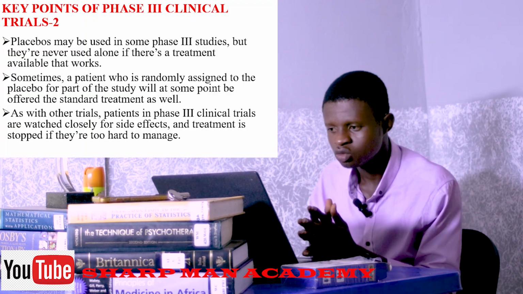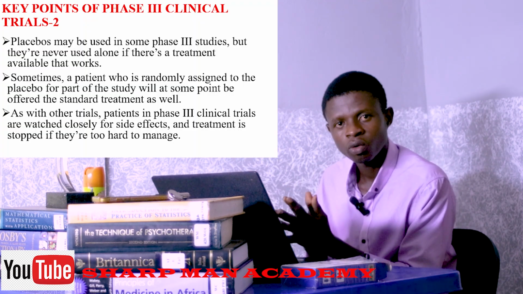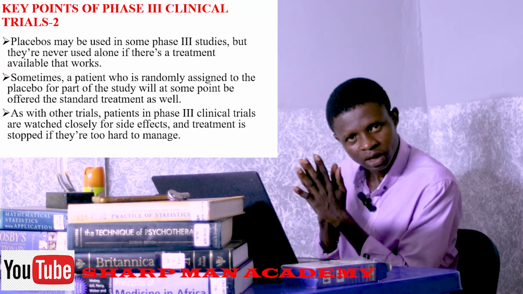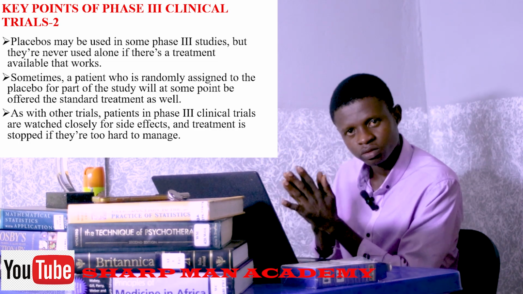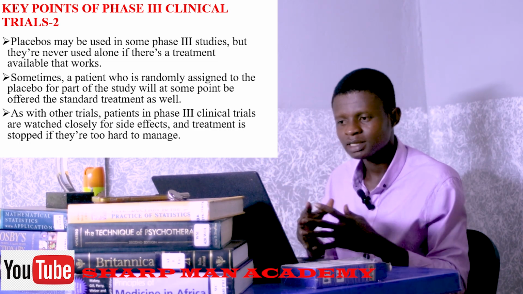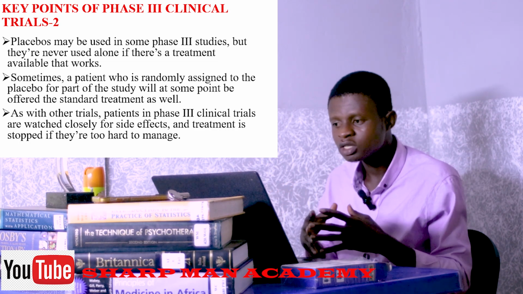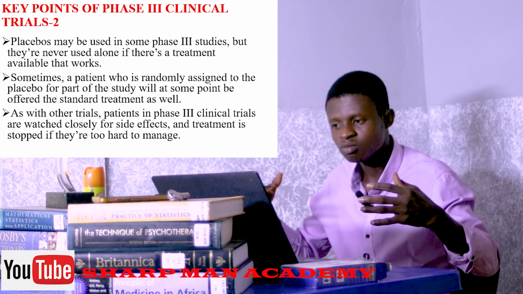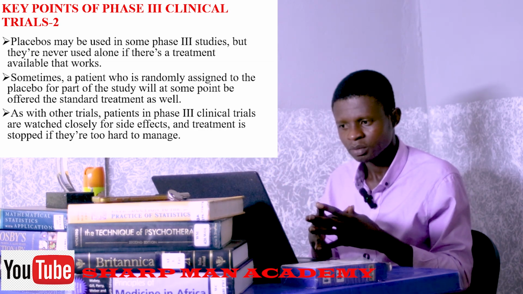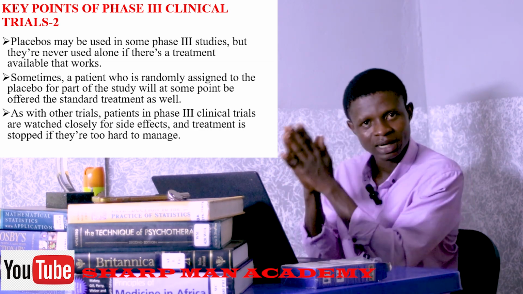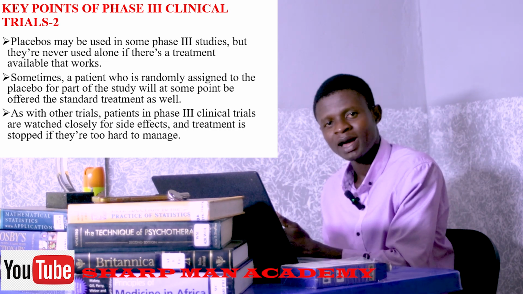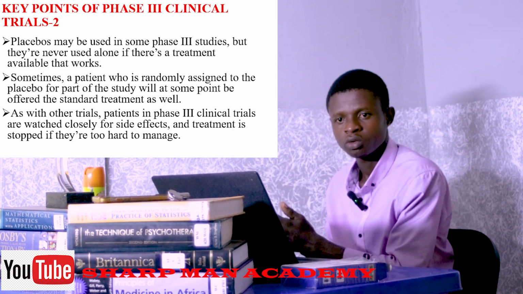And then sometimes the patient who is randomly assigned to the placebo might be offered the standard treatment afterwards. So if we give you the placebo, the next time we give you the standard treatment. That is the crossover.